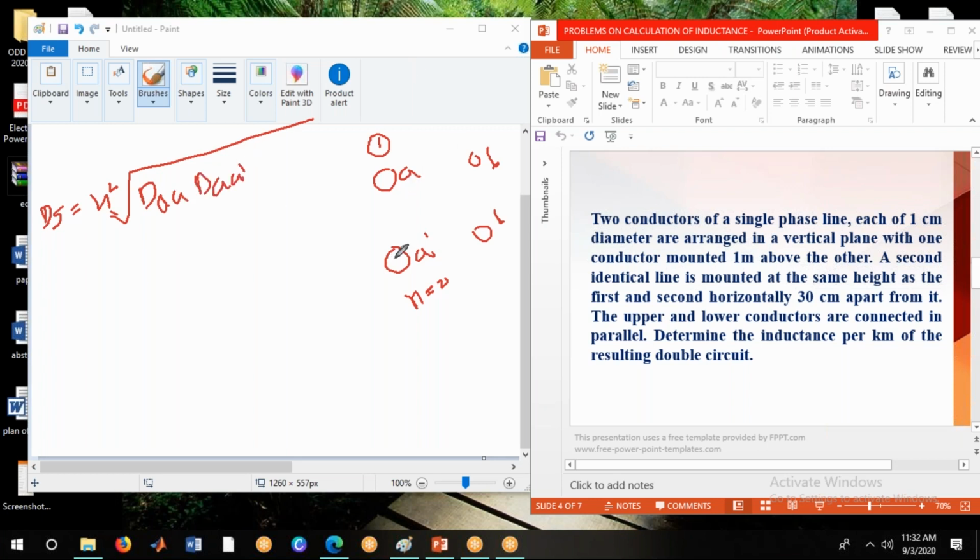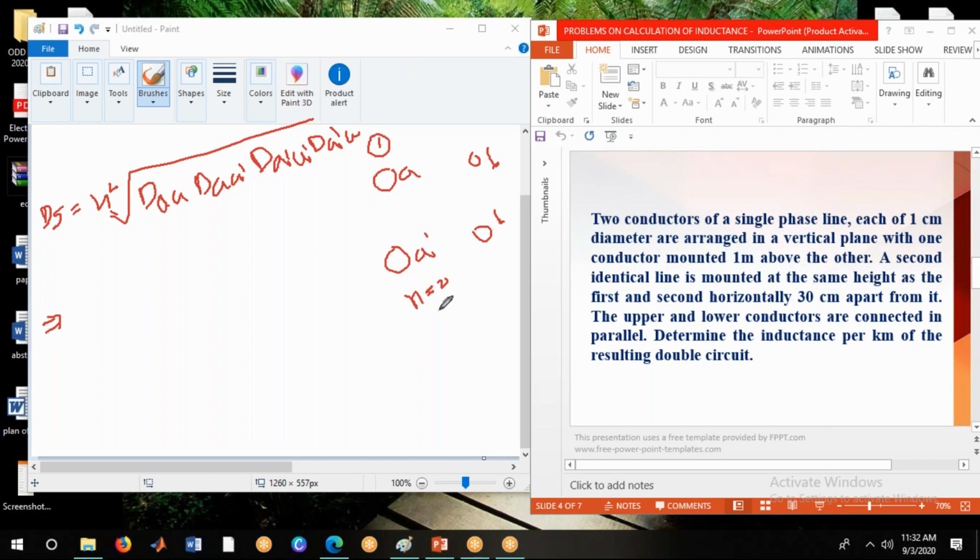So our conductor has two strands, A and A dash. First strand A's self distance, into the distance from strand A to A dash. So we get two distances. Next, from strand A dash, similarly the self distance of A dash and the distance between A dash and A. This is the way of calculating the self GMD.